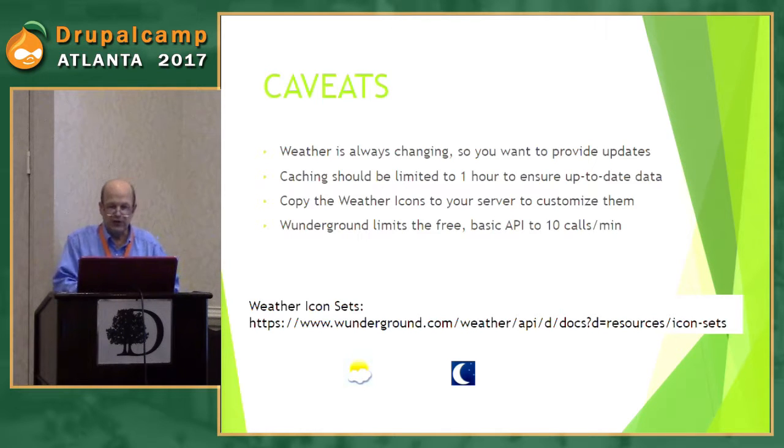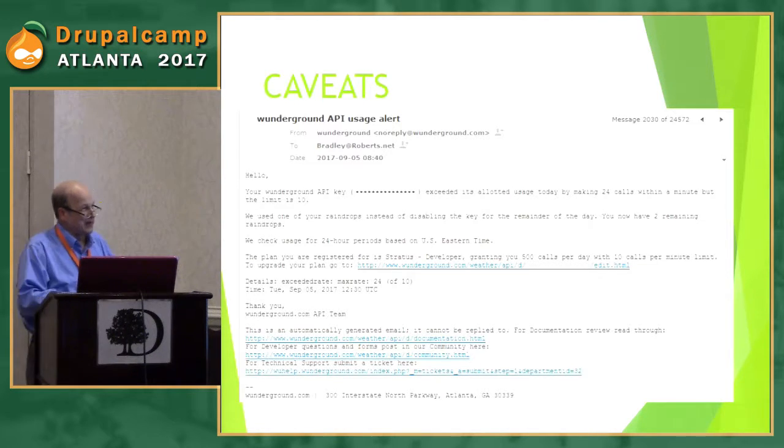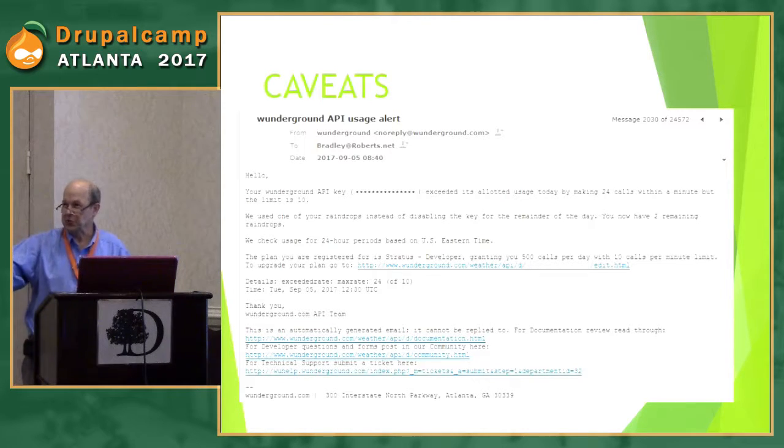But they do impose a limit. And if you exceed that limit, as I quickly found out when I had about 10 articles, all of a sudden my front page fired off 10 requests, and they send a nice email and let you know about it, basically warning you that you've exceeded your allocated limit with that particular plan.